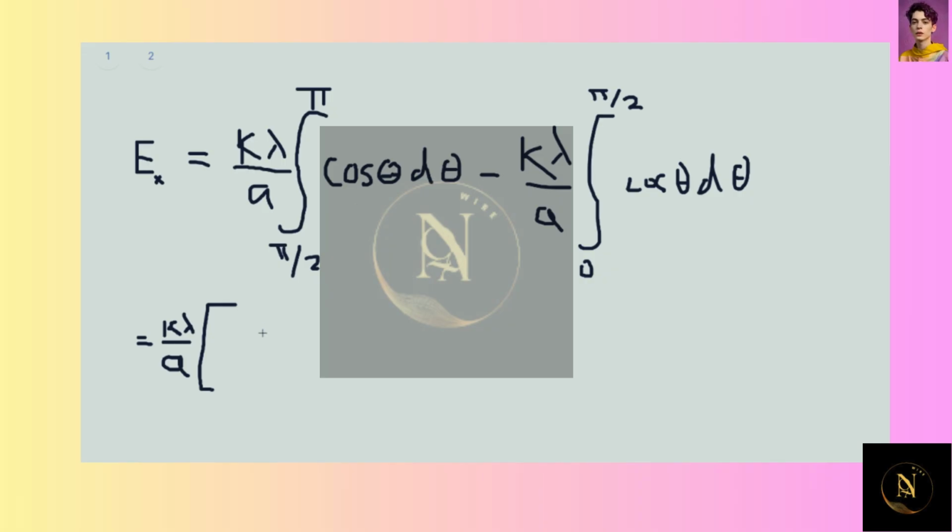So we can write here sine theta evaluated from pi over 2 to pi. And then we will subtract the same thing, but now with different bounds, 0 to pi over 2.